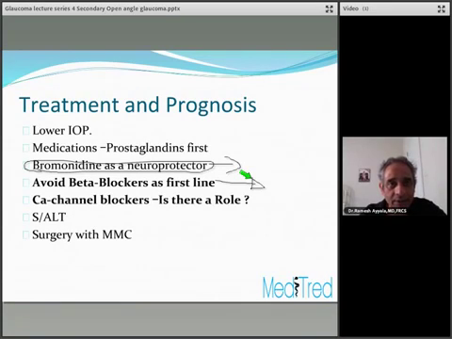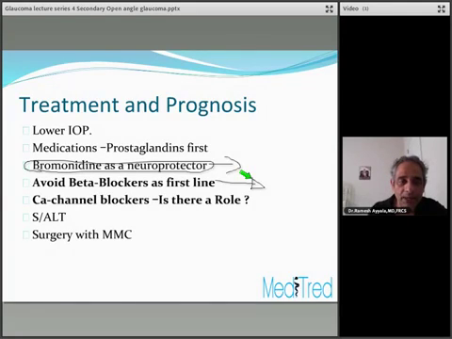and there was at least one paper from Mass Eye and Ear, when there was a fellow there, suggesting that systemic calcium channel blockers may have a protective role against glaucoma. But to start a patient with normal tension glaucoma on calcium channel blockers, you need to get a cardiologist or primary care doctor to work these patients up, because the systemic side effects were too much, and a lot of patients do not tolerate calcium channel blockers.